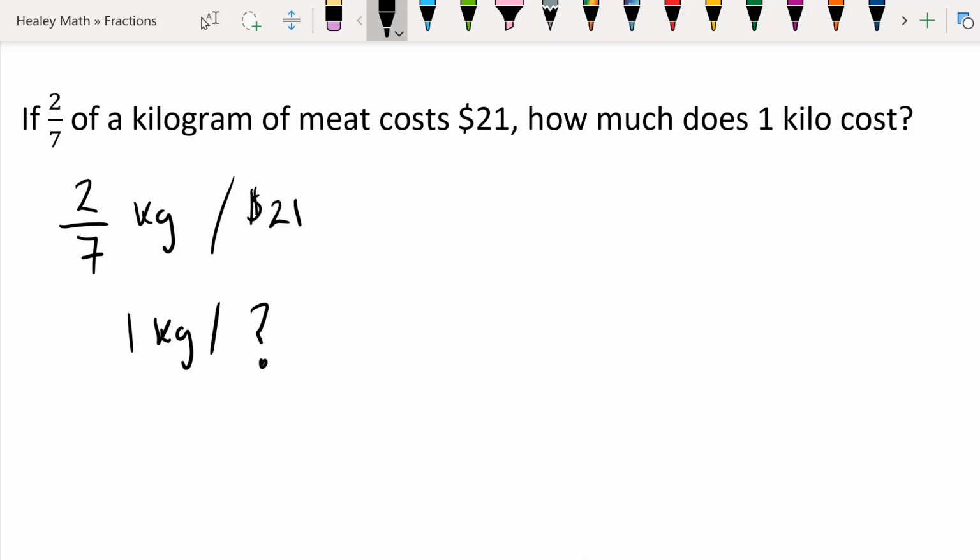Well, if 2/7 of a kilogram costs $21, then we need to know how much 1/7 of a kilogram costs.